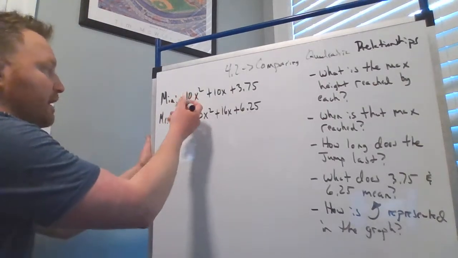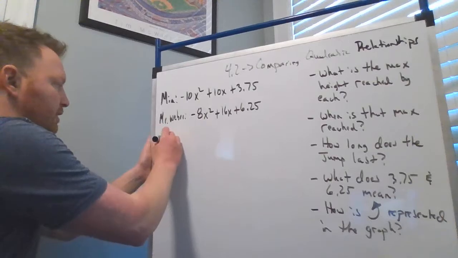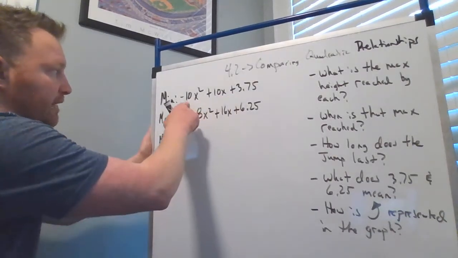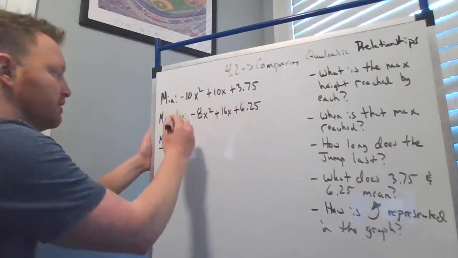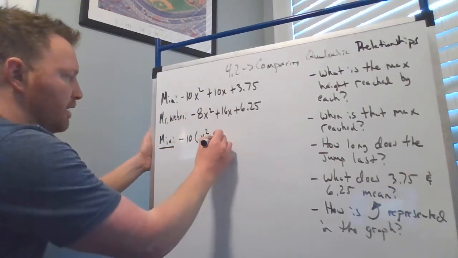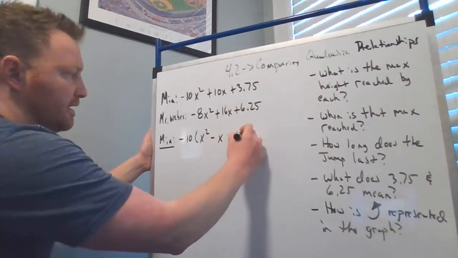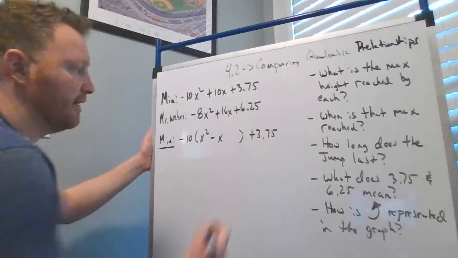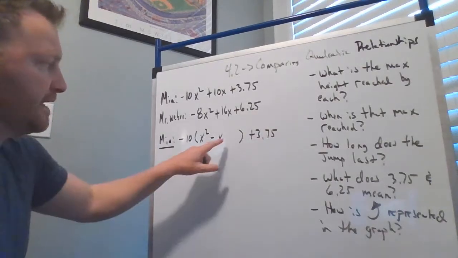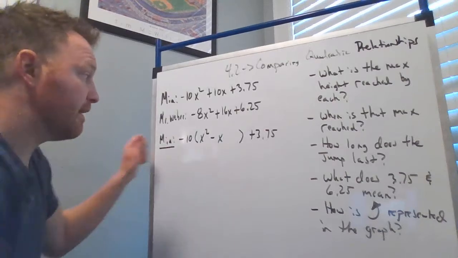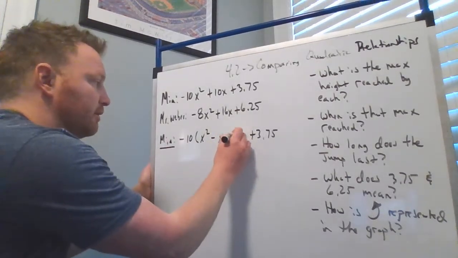I'm going to do the first one, Mia, right here. I'm going to start completing the square by dividing out this negative 10 from the first two terms. So now this says negative 10 times the quantity x squared minus x, and I put parentheses here, plus 3.75. Well, I take half of negative 1, which is negative one half, and I square that, and that's positive 1/4.